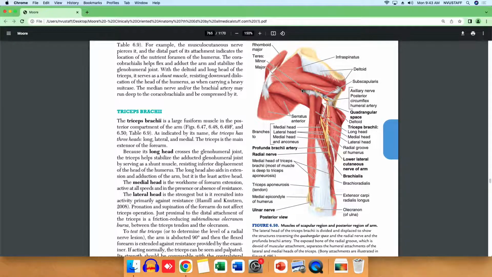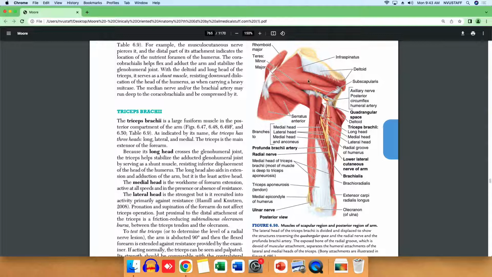You can see that they are intertwined with the muscles of the arm, because they are even overlapping each other, to be honest. That's the idea of the anatomy here, to understand also the layers of the muscles. It's not just the muscle itself, but understanding where exactly we have it.